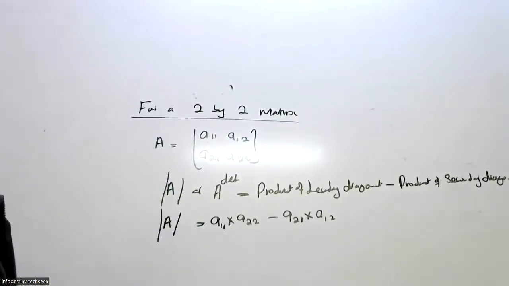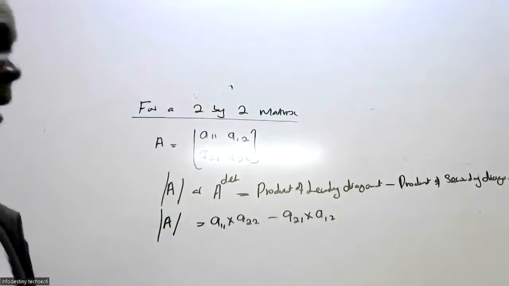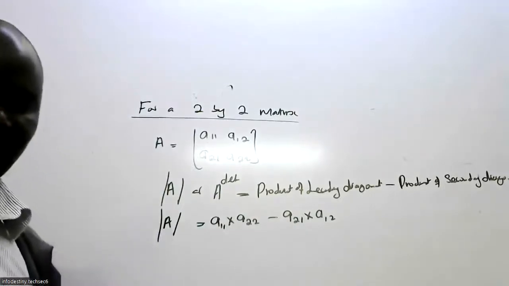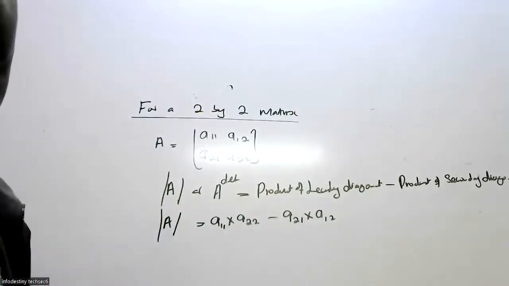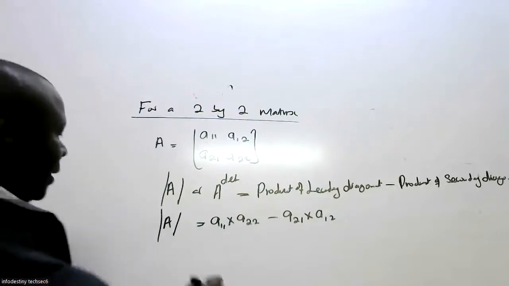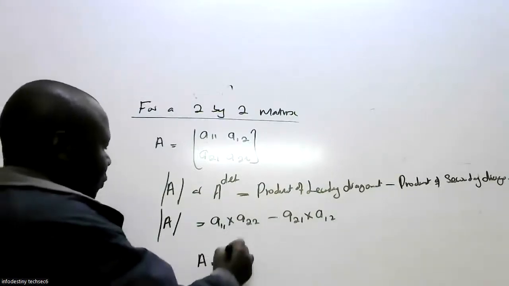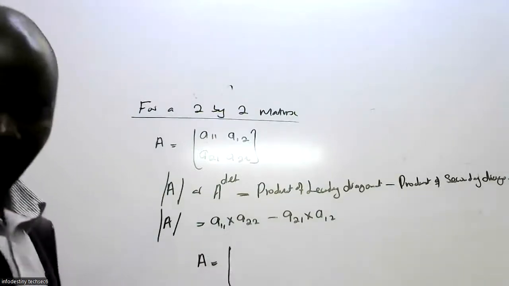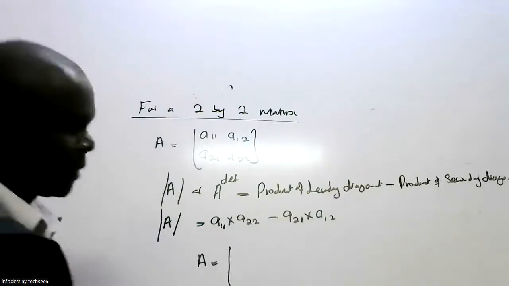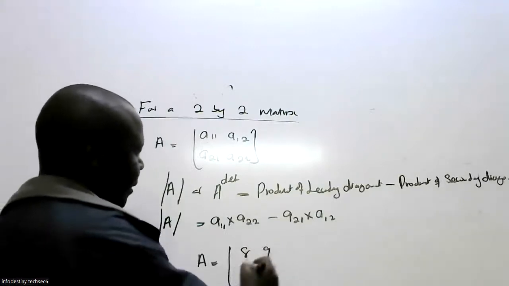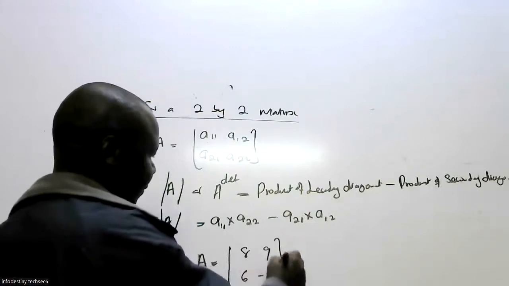Now, let's find out the determinant of this matrix. That is A, which will be equal to [8, 9; 6, -5].